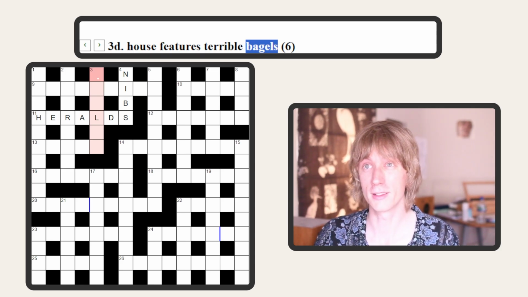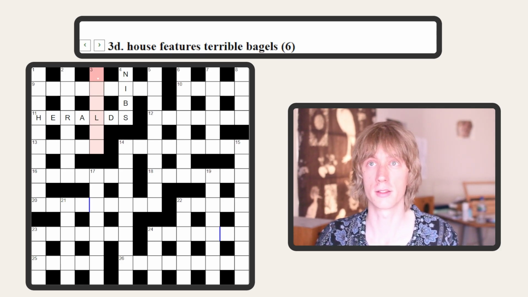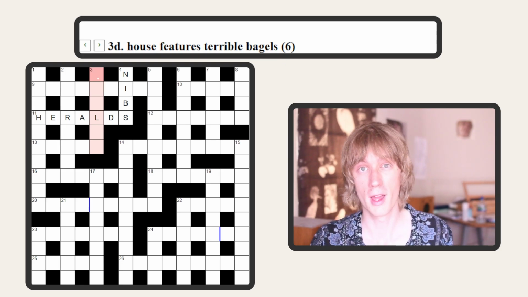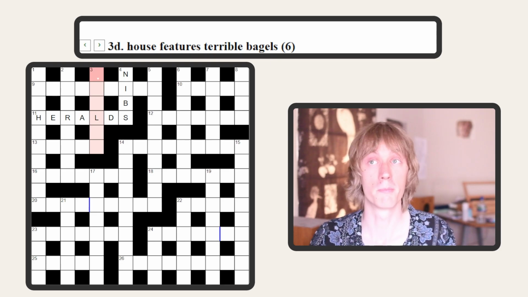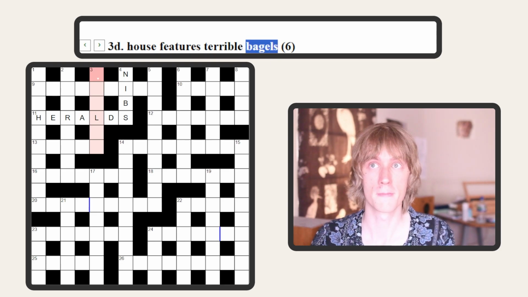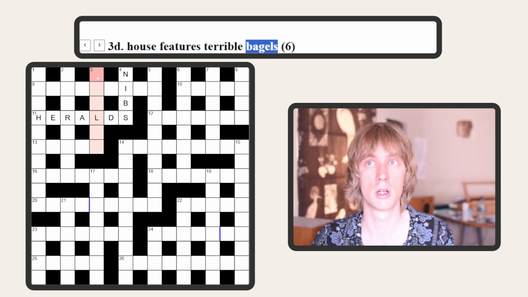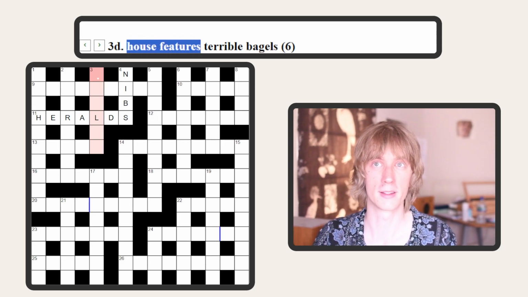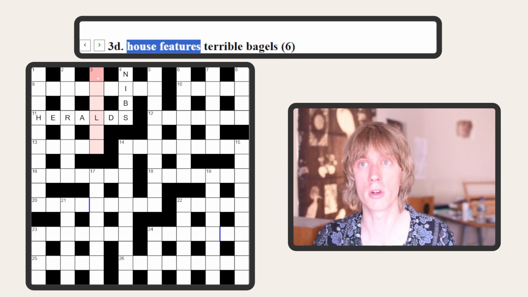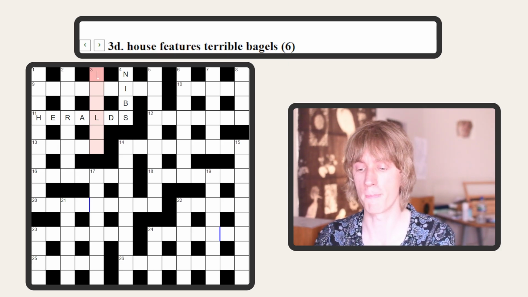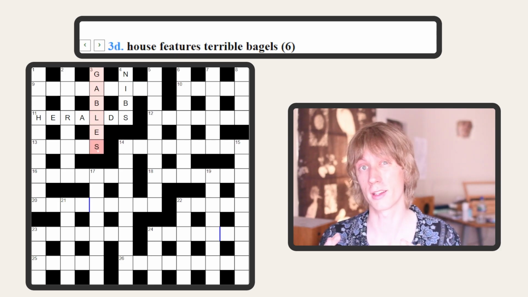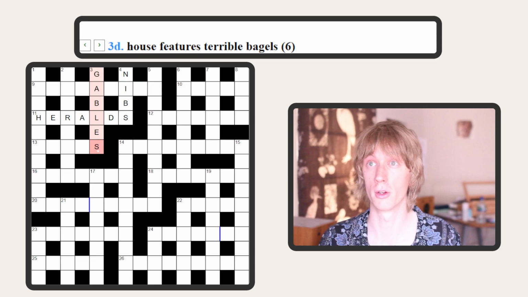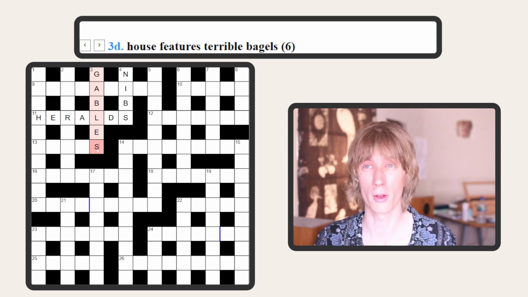So you can count the letters of words next to terrible and see whether any of them would have the same amount of letters as the answer. And bagels does have 6 letters. So my theory would be that we're going to make bagels terrible, and that's going to give us a word that means house features. And sure enough, if we jumble up the letters in bagels, we get gables. And gables are the triangular section of wall just below a roof. So house features, right? Features of a house.